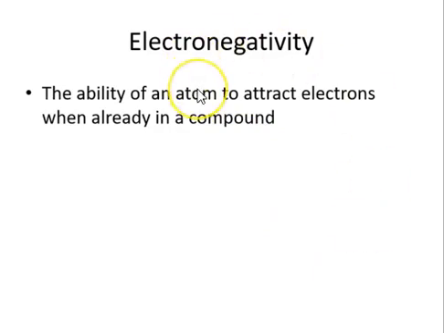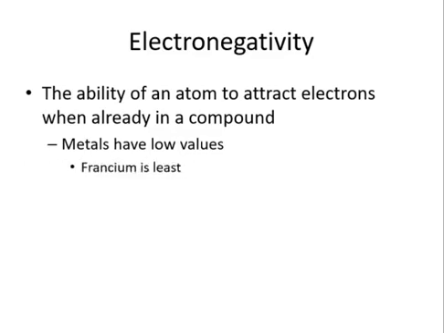All right, so let's talk about which elements have higher and which elements have lower electronegativities. So metals have low values for their electronegativity. And once again, we're going to talk about that element francium. So remember, francium was the element we used for our largest size, but it has the lowest electronegativity.